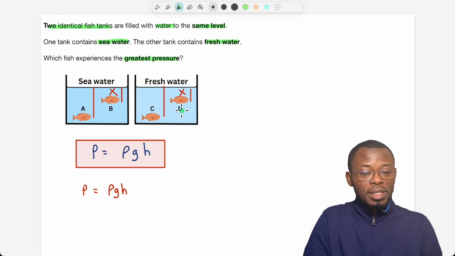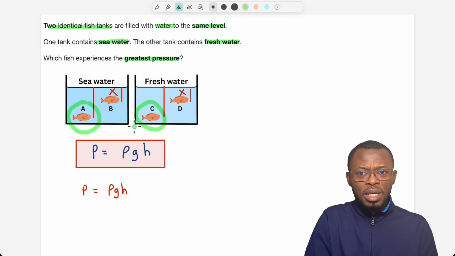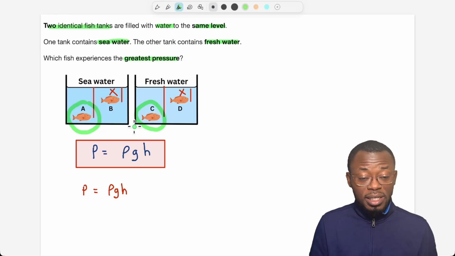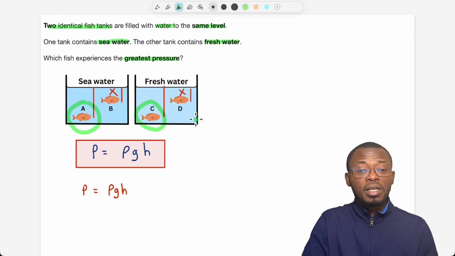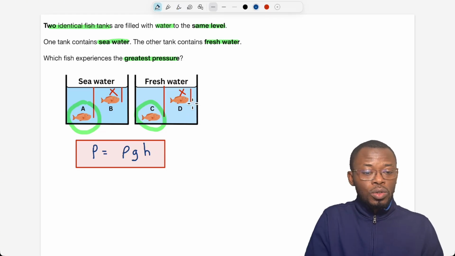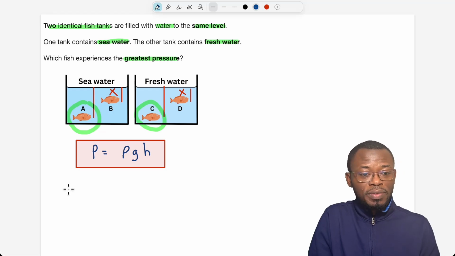That is options A and then C. Now between these two, which are also at the same depth inside their respective tanks, right? However, since the depth h is the same for both fish, we need to consider the densities of the water. So to do this, we have to develop two equations, one for each of these tanks.